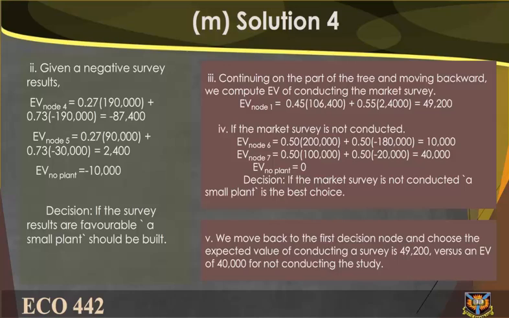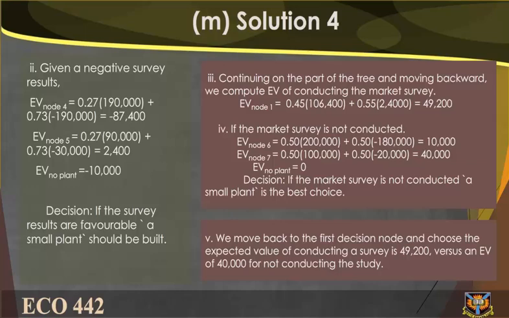If the market survey is not conducted, EV node 6 equals 0.50 times 200,000 plus 0.50 times minus 180,000, which equals 10,000. EV node 7 equals 0.50 times 100,000 plus 0.50 times minus 20,000, which equals 40,000. EV no plant equals 0. If the market survey is not conducted, a small plant is the best choice.